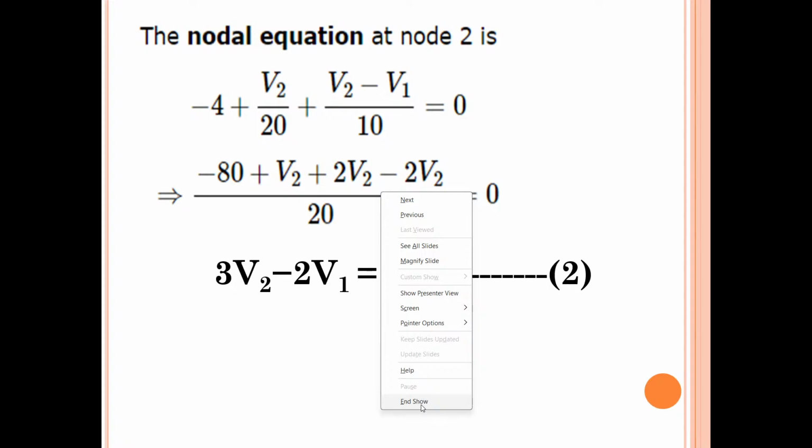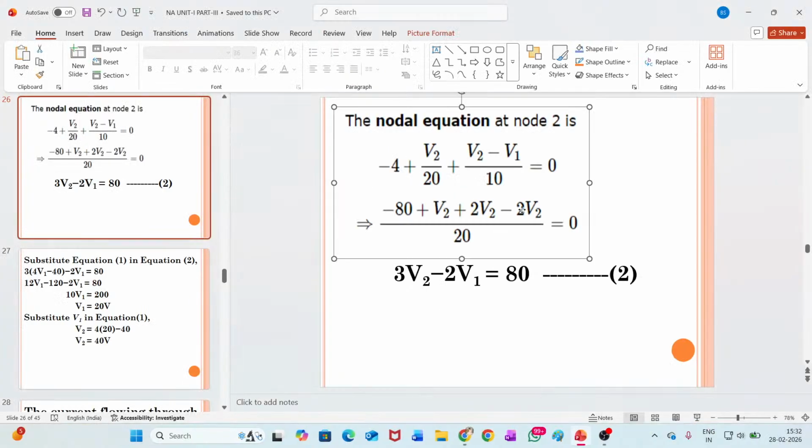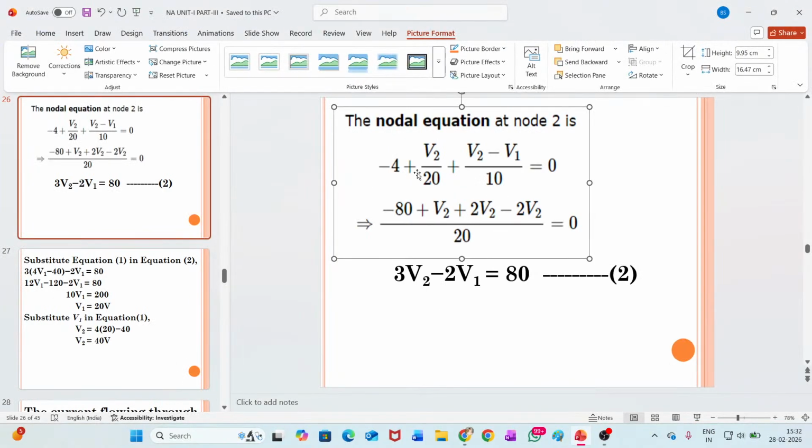Oh, I have something wrong here. So what is this? This is V1. It has converted into an image. Okay, 1 second, I will modify this. This is 2V1, not V2. I'll just edit it and paste it.